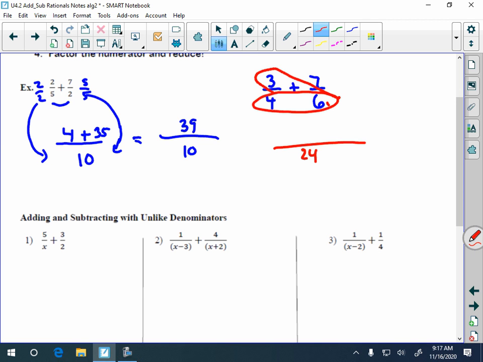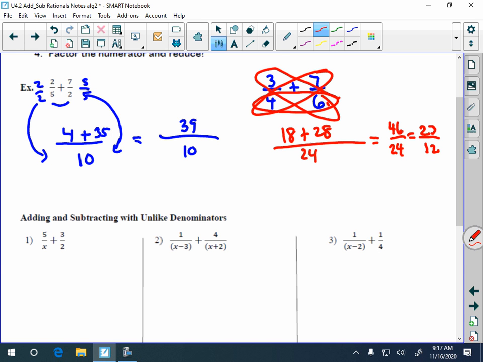Then you multiply diagonally this way, plus, and then diagonally this way. And then you just add the top together, 18 and 28. That's going to be 46. Okay, and then you go ahead and simplify. I could divide by 2, so it's 23 over 12. Right?